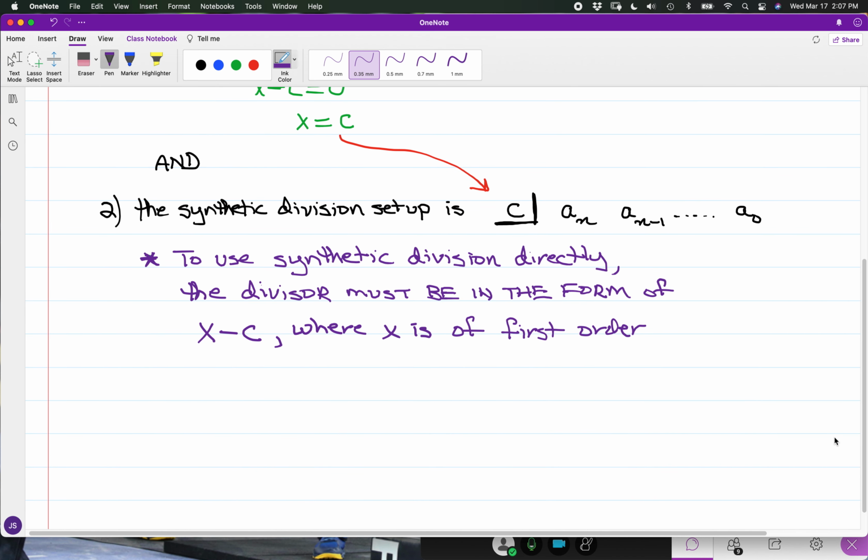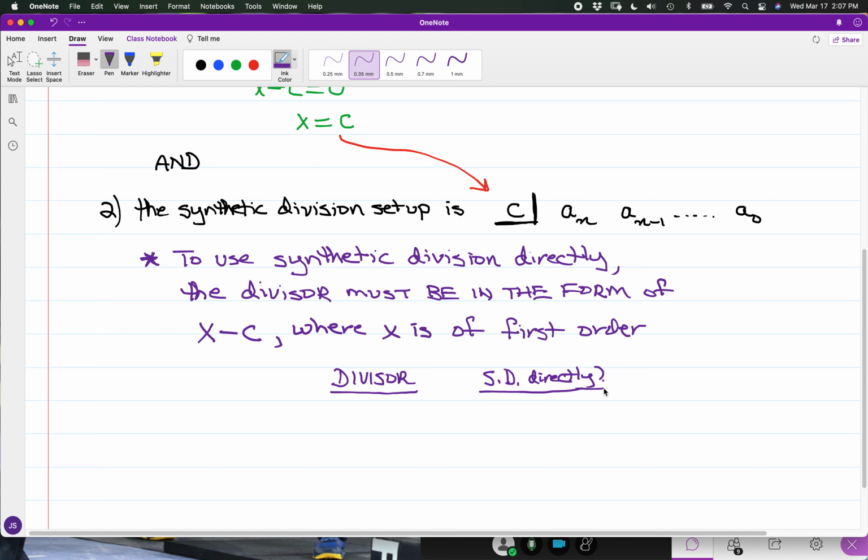Just kind of doing a little bit of categorizing. If you have your divisor, and whether you can use synthetic division, whether you can use this directly.